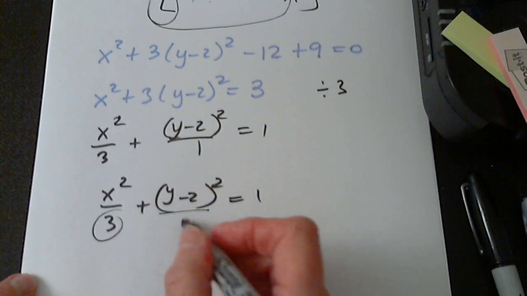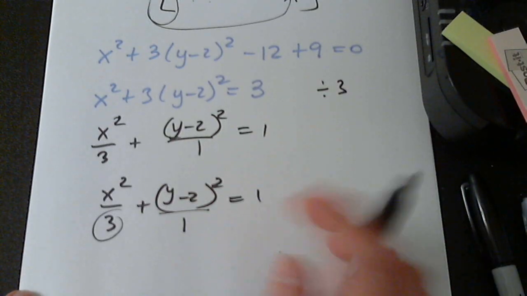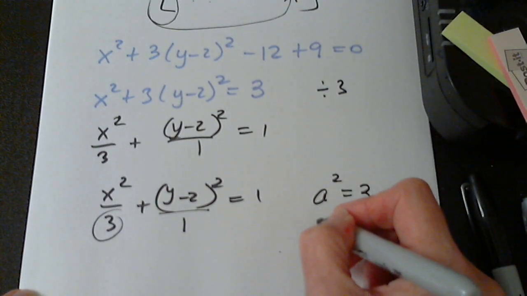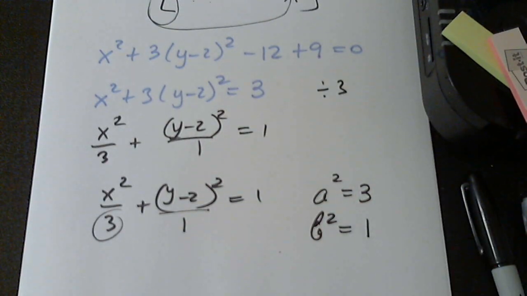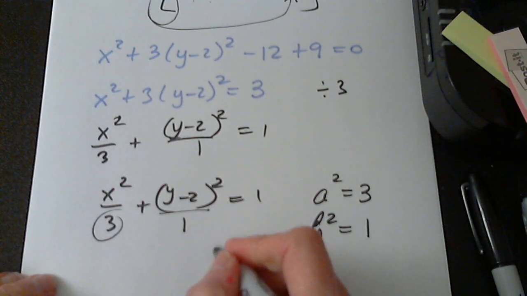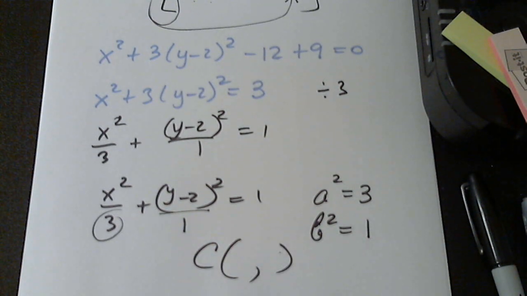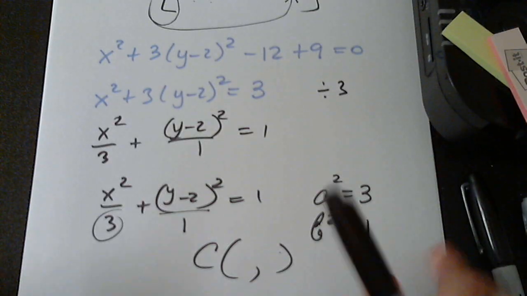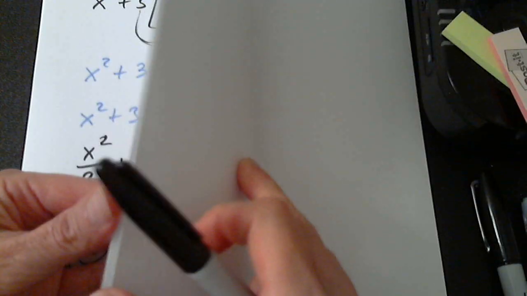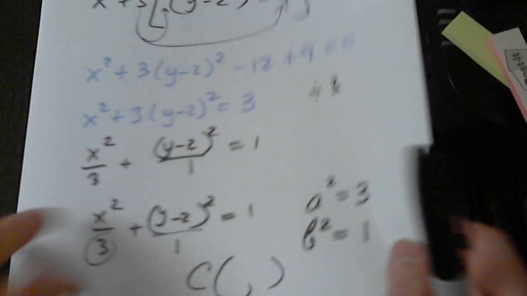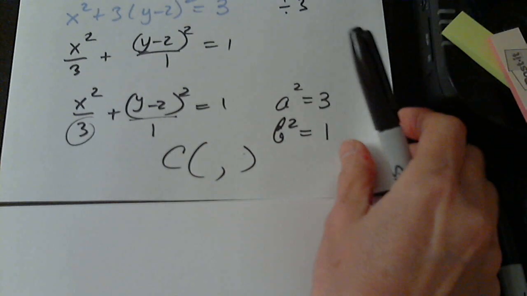This is bigger than this. So a squared equals 3 and b squared equals 1. Is the major axis vertical or horizontal? I know it's a silly question. Can anyone identify the center? Can anyone give us the center first?